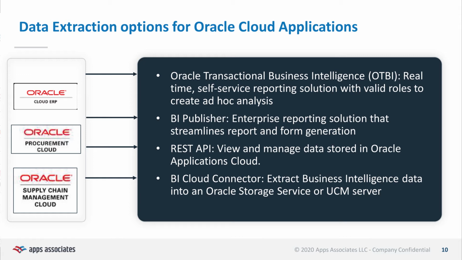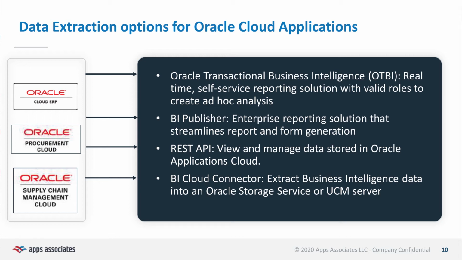REST APIs are primarily used to extract data as well as load data into the ERP applications. I would recommend using them only from a data integration point of view, not from a data extraction point of view, because these REST APIs come with a set of attributes when you're extracting data from Cloud ERP or HCM applications. The final one is the BI Cloud Connector, also available within the ERP applications.